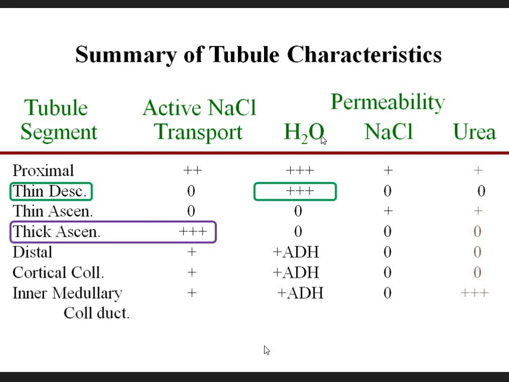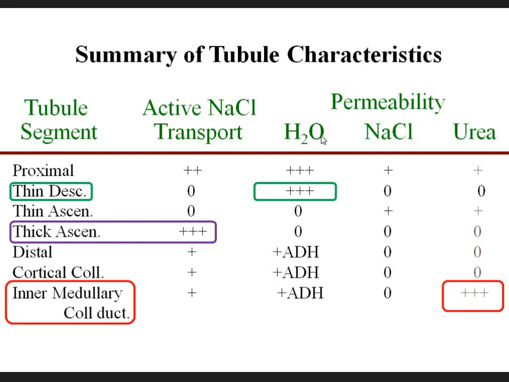The next important thing to remember is that the thick ascending segment of the loop of Henle is very much permeable to NaCl and other ions as well. So it is very permeable to solutes. And the third important aspect is that the inner medullary collecting duct is very much permeable to urea.